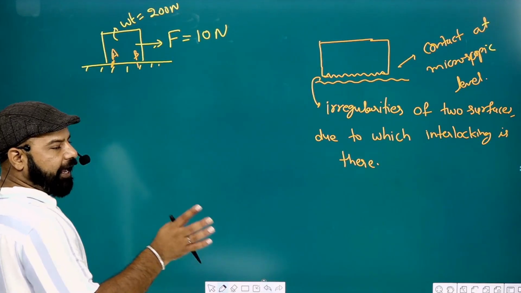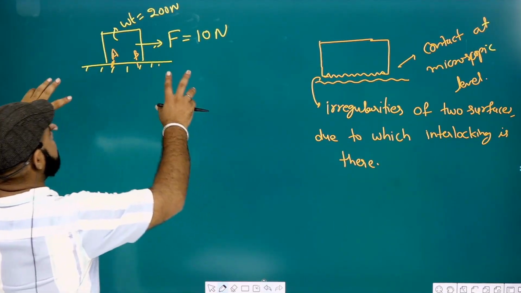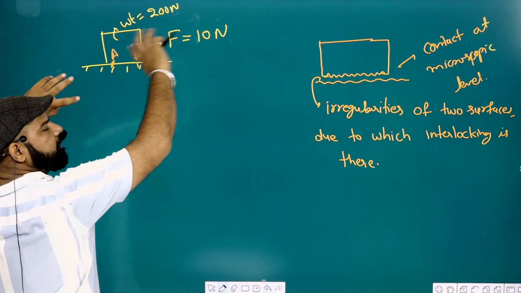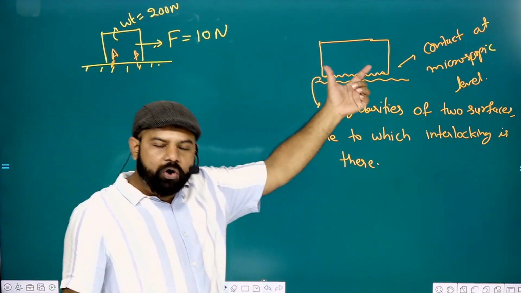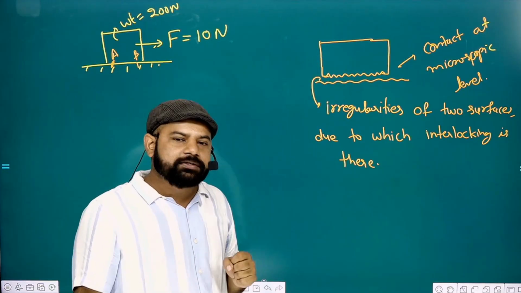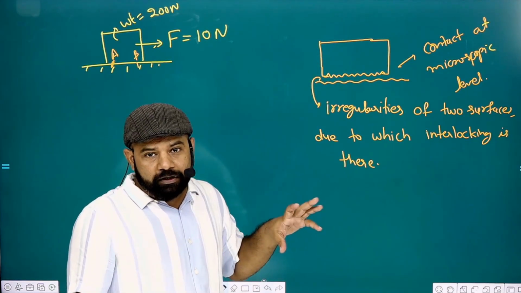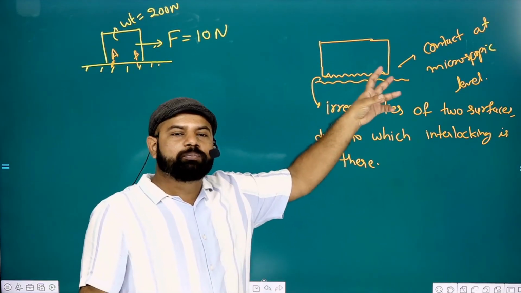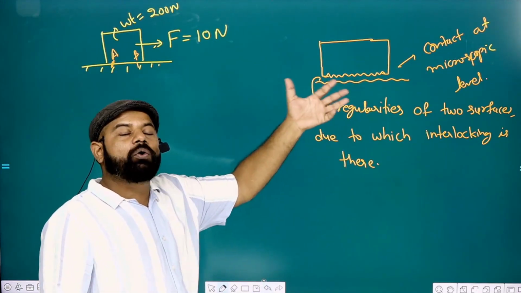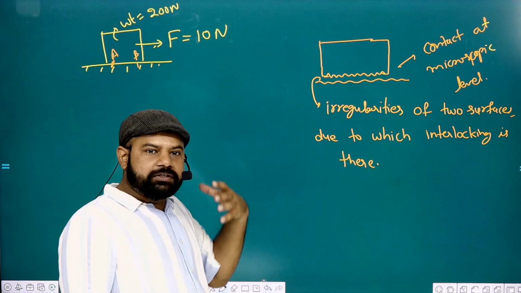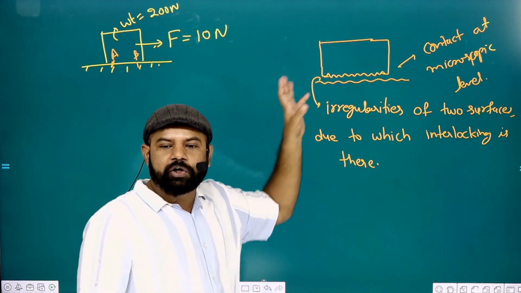So what actually is happening here is this force is trying to pull this block in this forward direction, but there is some interlocking between the block and surface. Now due to this interlocking, this block cannot move in forward direction. Hence we can say that this interlocking is providing resistance against that relative motion.